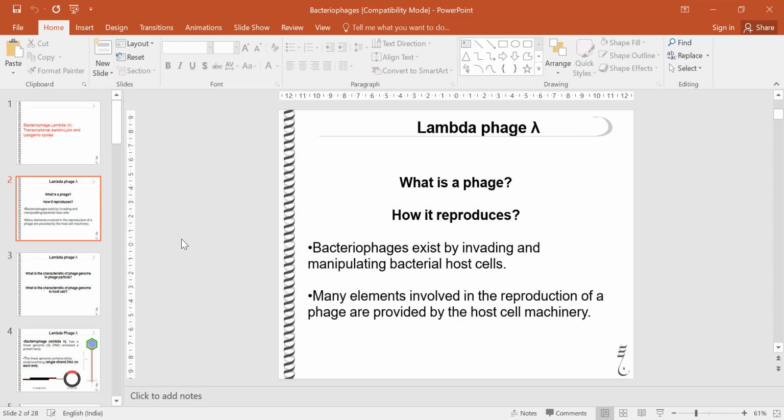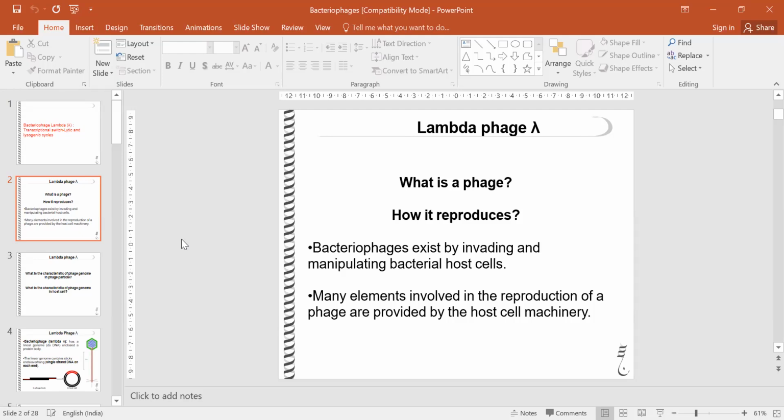Then it can release its DNA and take the host machineries, and with the host machineries it can propagate, reproduce and produce a new phage. And this new phage is only possible because they are taking the host machineries. So a phage independently cannot do anything until or unless it attacks or infects the bacteria.